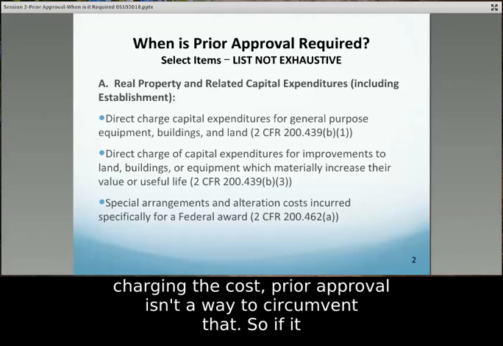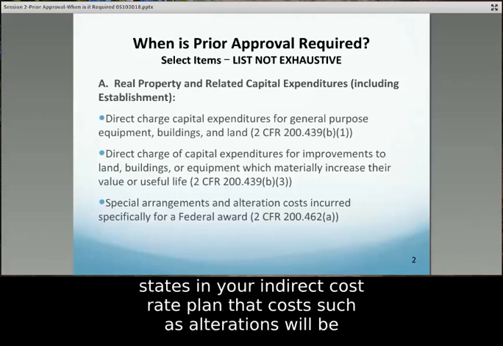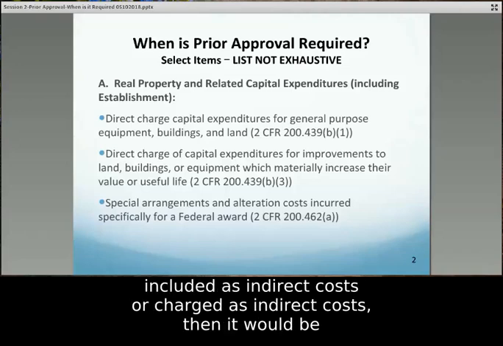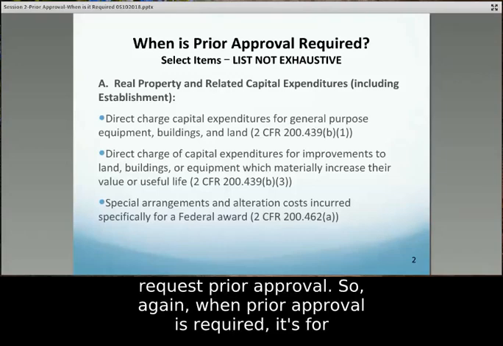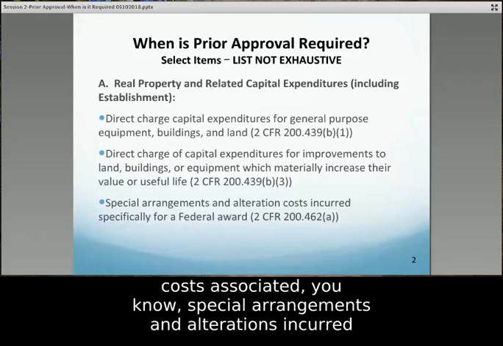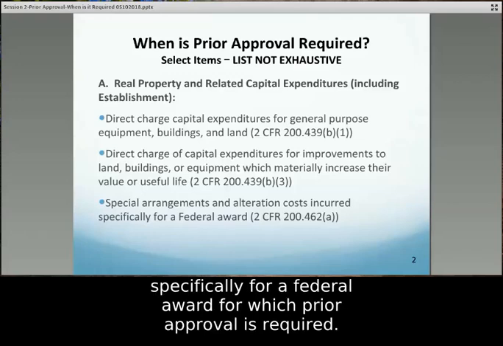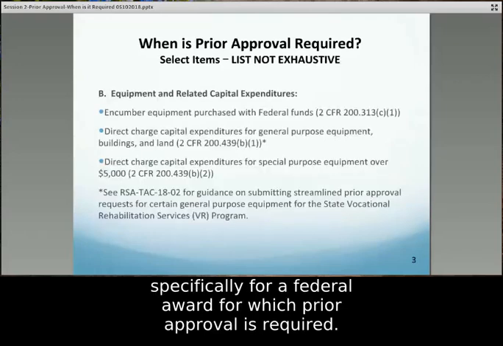So if it states in your indirect cost rate plan that costs such as alterations will be charged as indirect costs, then it would be expected that the grantee would charge those as indirect costs and not request prior approval. So again, when prior approval is required, it's for special arrangements and alterations incurred specifically for a federal award.